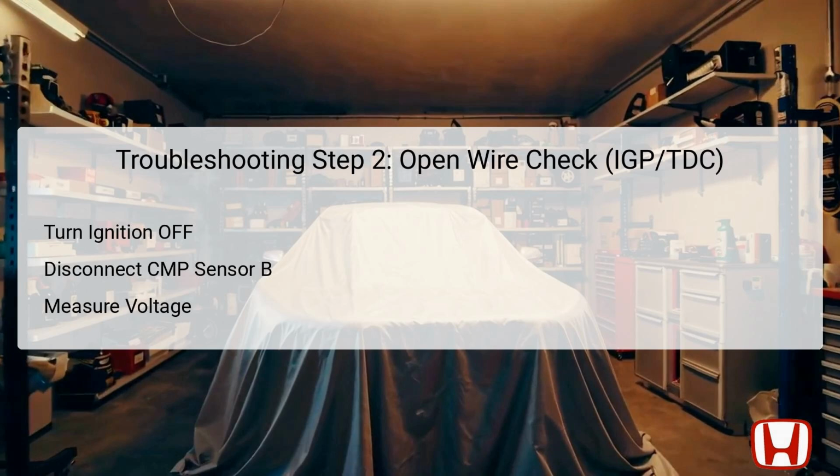With the ignition in the on state, measure the voltage between specified test points within the CMP sensor B connector and ground. The goal here is to check for battery voltage, which helps confirm whether the IGP, TDC, and other associated lines are intact. If battery voltage is present, it indicates that the wire and connections are functioning as they should, allowing you to move on to the next step.